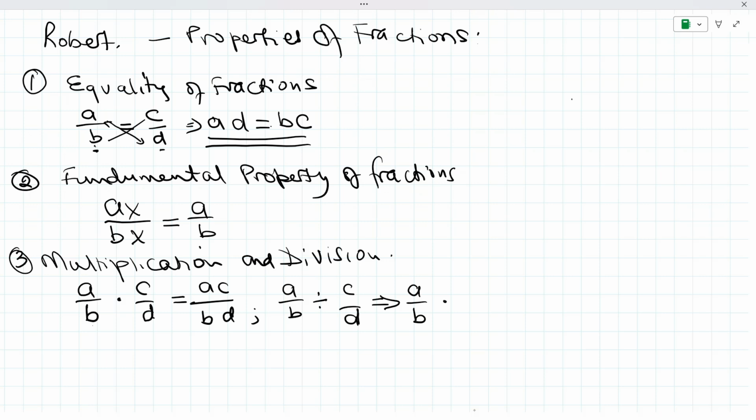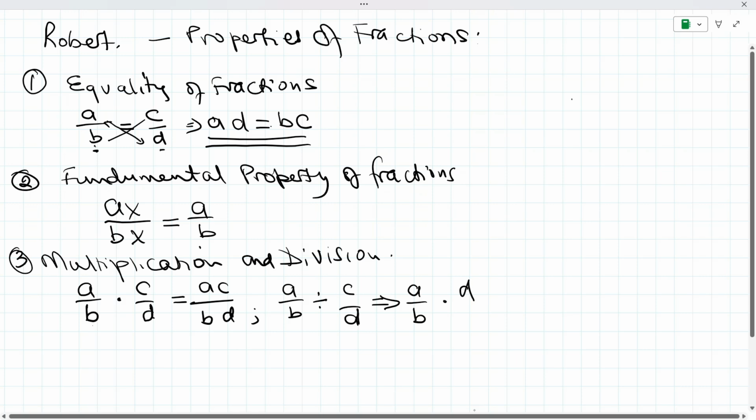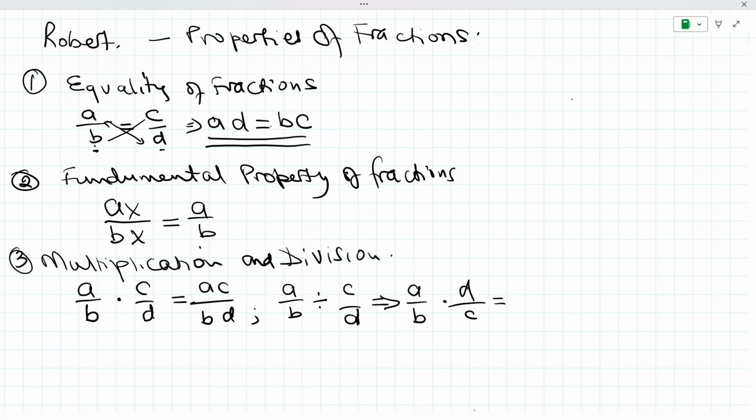In other words, we put the second fraction upside down, and this becomes D over C. And then we can multiply this out as A multiplied by D, which will be AD, divided by B multiplied by C, which is BC. So those two properties are very important, and you'll always find them handy as you get higher and higher into the world of mathematics.